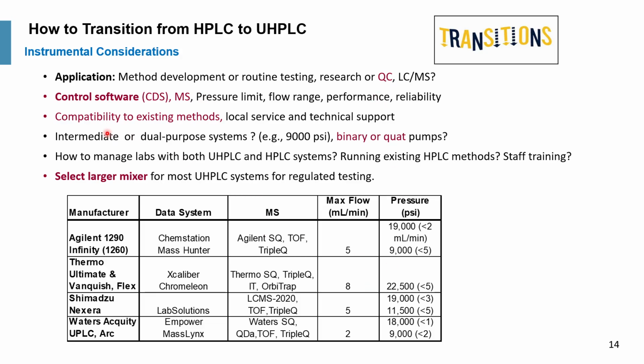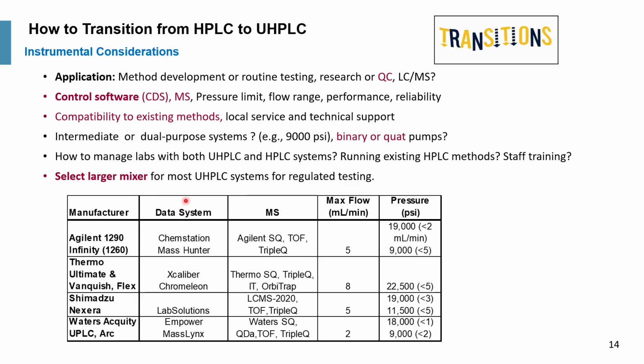A third one is compatibility to existing methods. Different systems, some are more compatible to legacy HPLC methods. Also, you might have a choice of an intermediate system or dual purpose dual path system. Finally, one might have an option to choose different options such as a mixer, particularly for binary pumps.